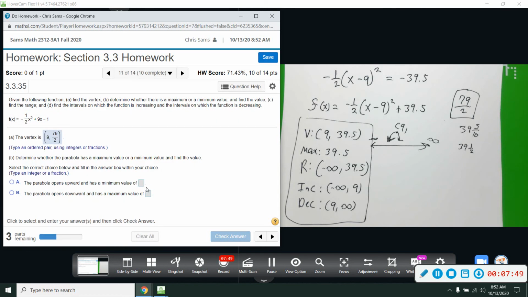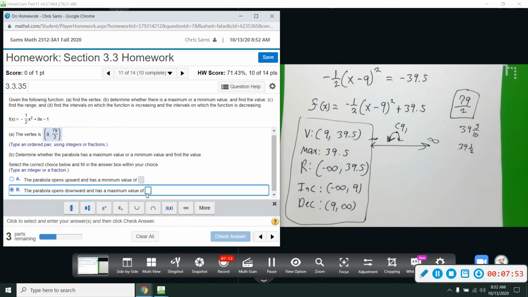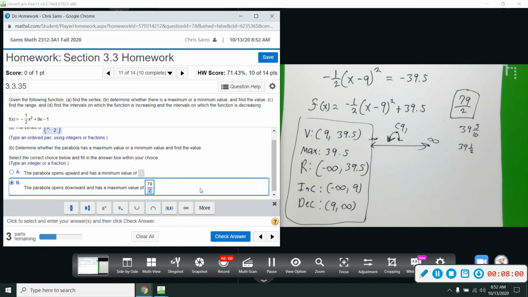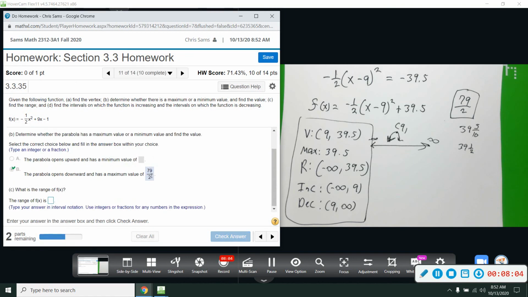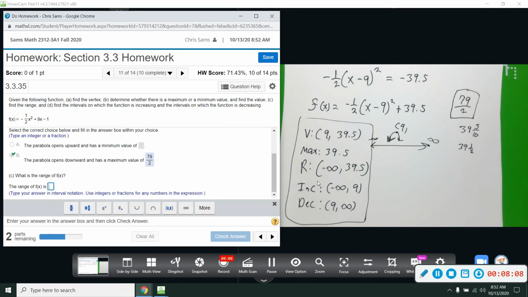We have a maximum value, and the type is integer or fraction. Range, negative infinity to 79 over 2.